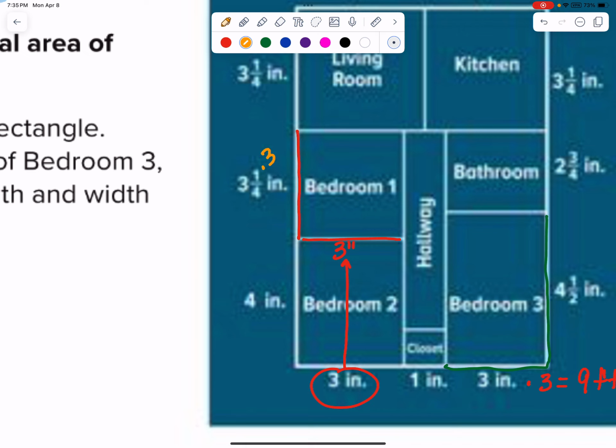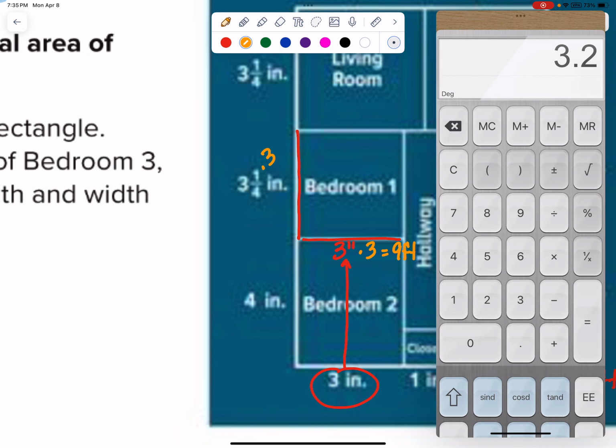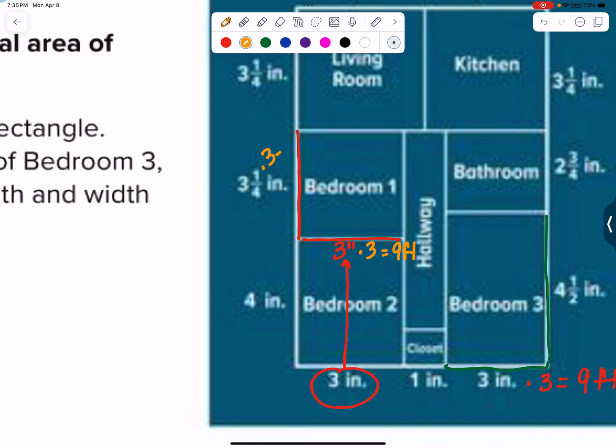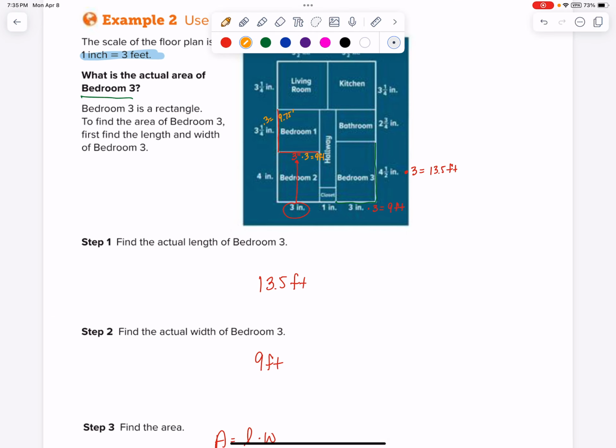We have times 3 times 3. So this is 9 feet. And we have 3 1/4, or 3.25. Times 3 is 9.75 feet. All right, so let's go ahead and multiply those out.